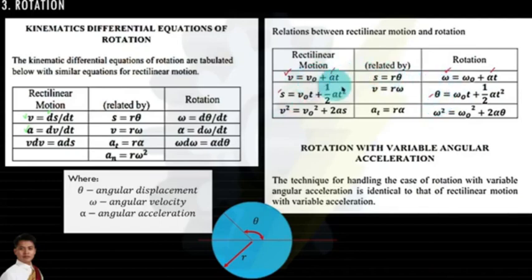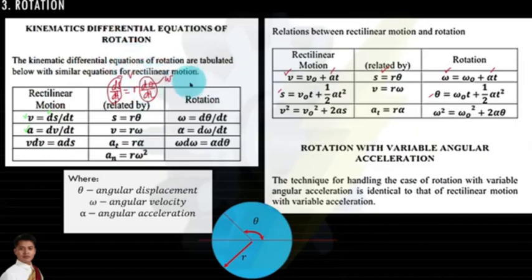So we can relate these two equations by using this equation. Same in this table, we have s equal to r theta. If we differentiate both sides with respect to time, we have ds over dt equal to r, which is constant, multiplied by d theta over dt. ds over dt is velocity and d theta over dt is our omega.